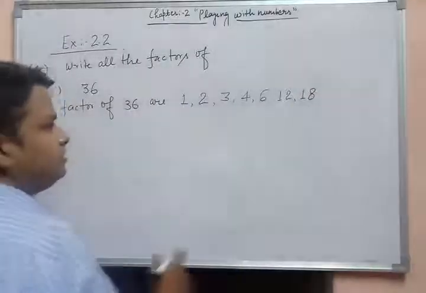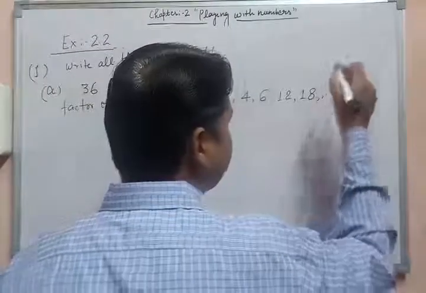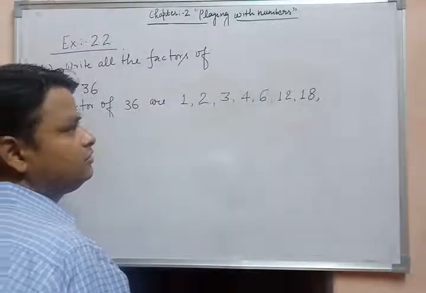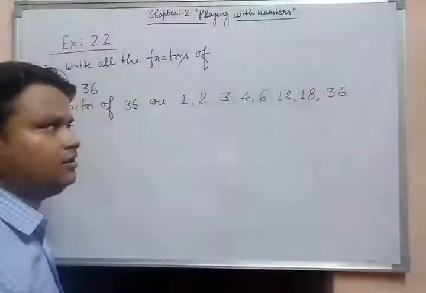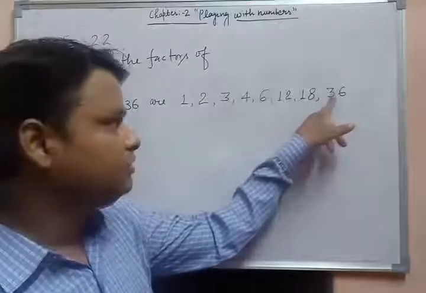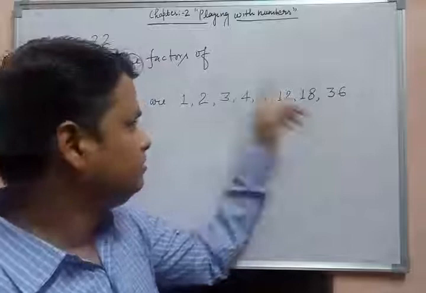Since 2 times 18 is 36, you get 18, and the last one is 36, because every number is a factor of itself. It means 36 is the last factor of 36.